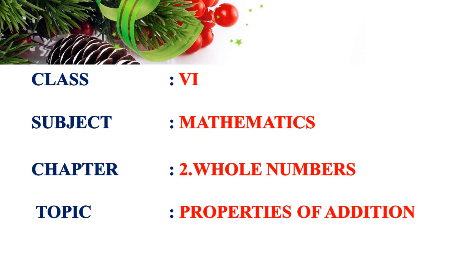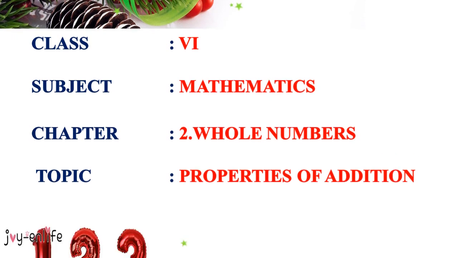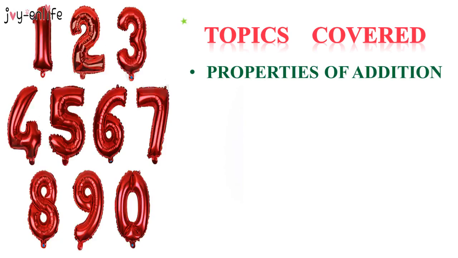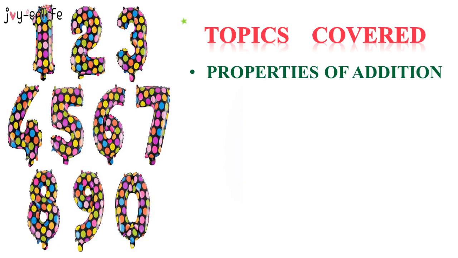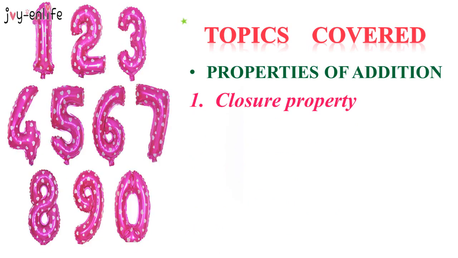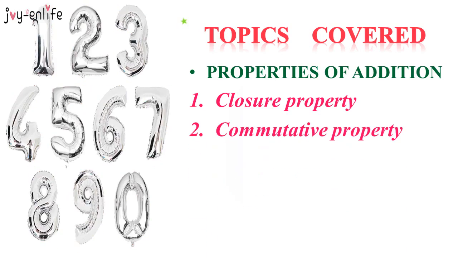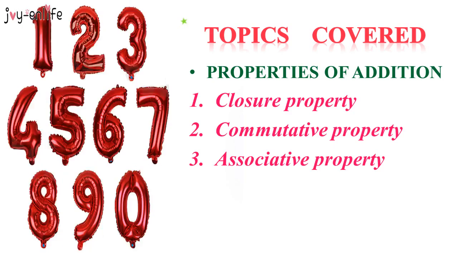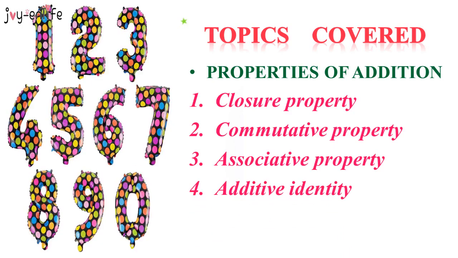Now we are going to learn 6th standard mathematics chapter whole numbers, topic: properties of addition. The topics covered are the properties of addition: closure property, commutative property, associative property and additive identity.